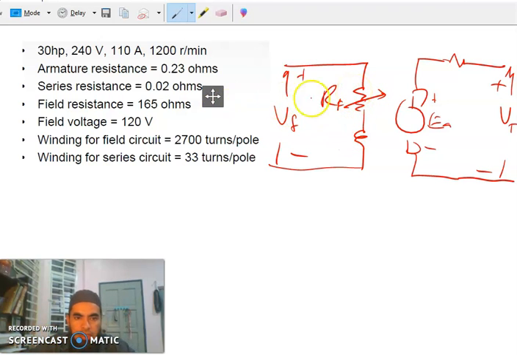So we have the armature resistance, this is RA, which is 0.23 ohms. We have the series resistance.